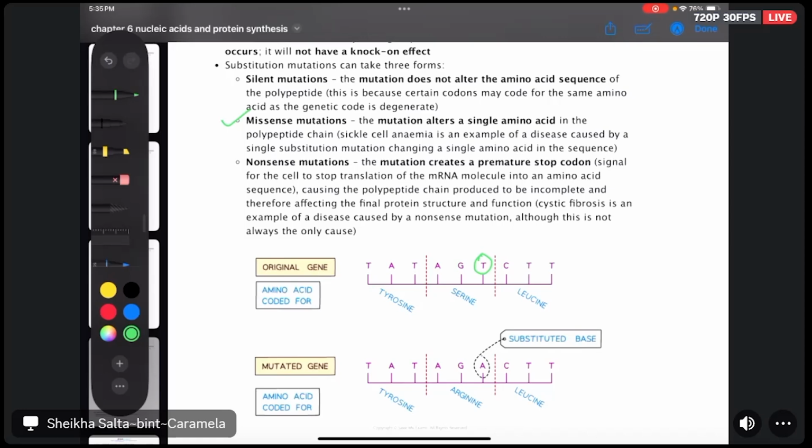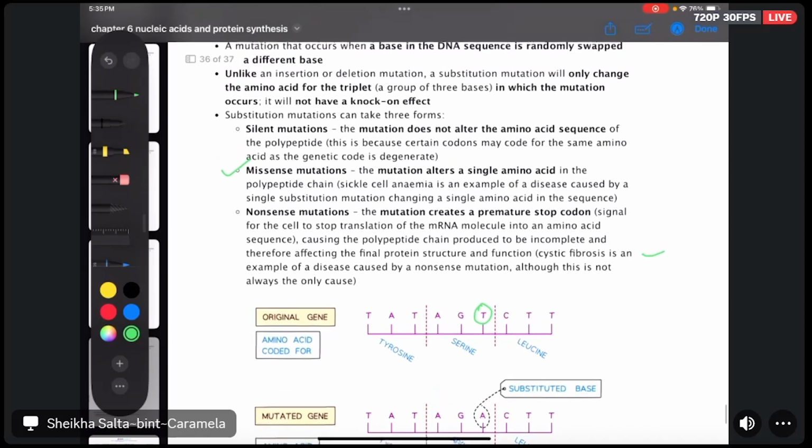So it will cause the polypeptide chain produced to be incomplete, therefore affecting the final protein structure and function. Cystic fibrosis is an example of a disease caused by nonsense mutation, but you don't need to learn this example. It's not necessary, just learn the different types of mutations that occur.